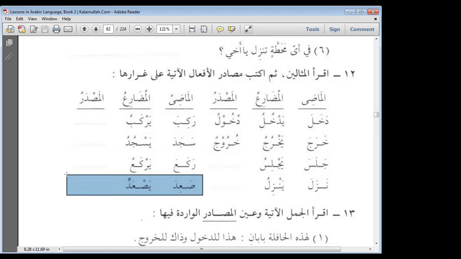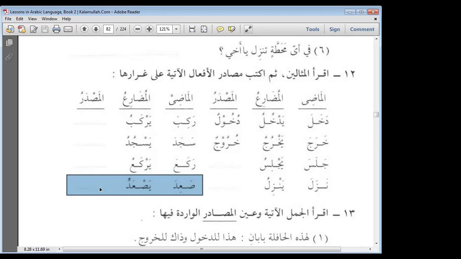Next one. Sa'ida, yas'adu, su'udun. Right.